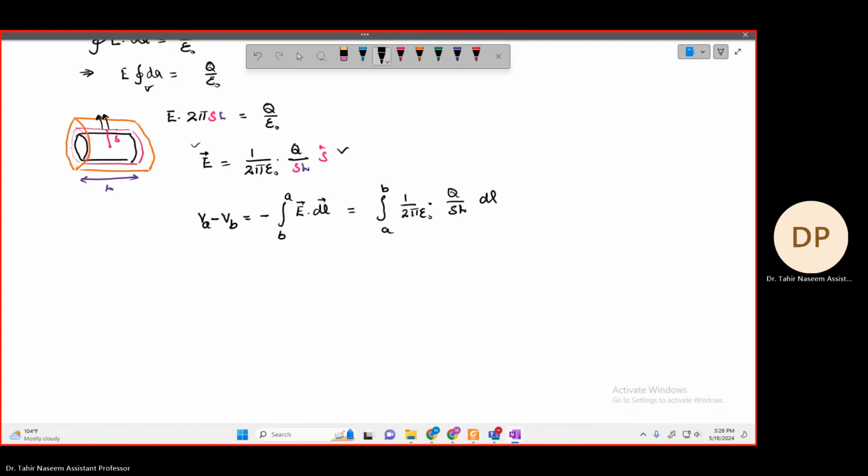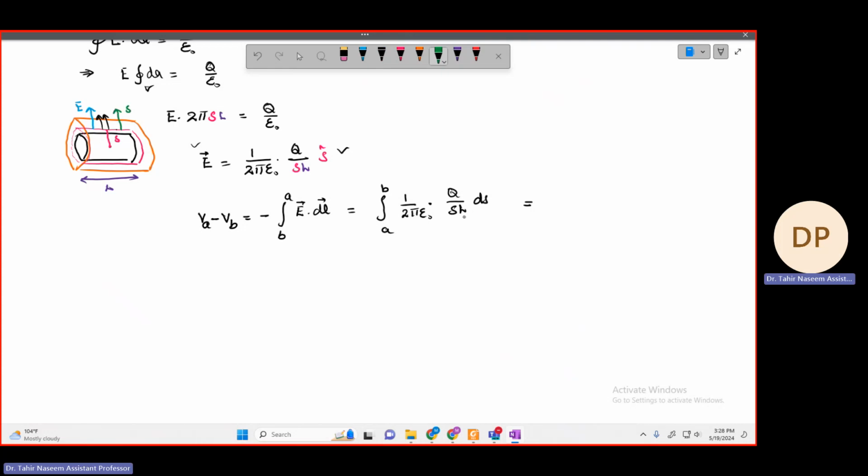So now I need to do the integration. Okay, so because the E field and length are basically, I need to write ds. Why ds? Because the direction of the electric field is this way, right? And the direction of the s vector is also this way, s.